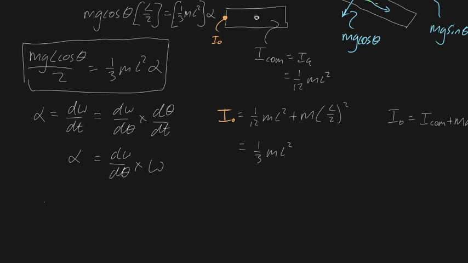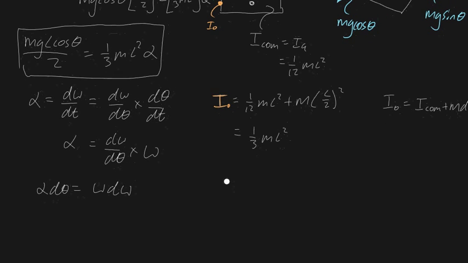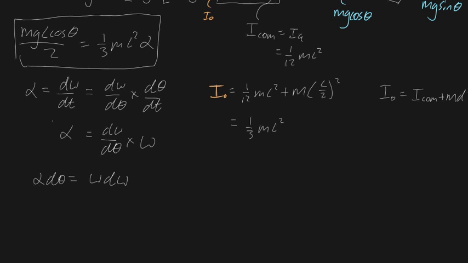You could say this is alpha d theta equals omega d omega. This is a very bizarre result to expect, but it's really quite an important one, because we can sub alpha from this value into this equation.